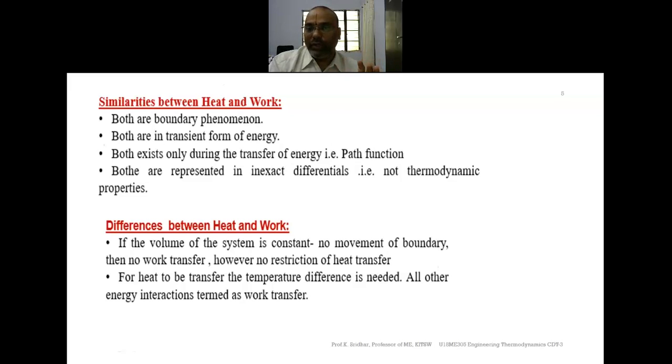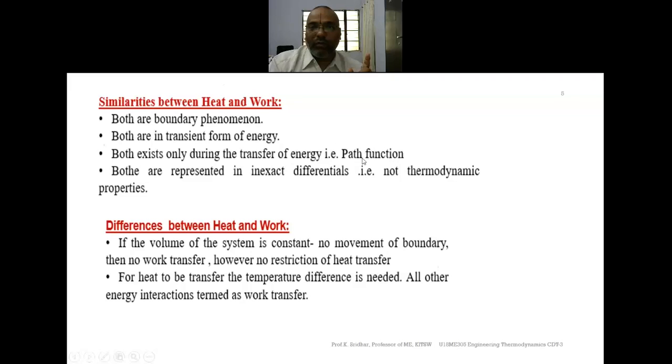So these are not thermodynamic properties. Path functions are not considered examples of thermodynamic properties. All point functions are treated as thermodynamic properties, but not path functions. So all thermodynamic properties are point functions.